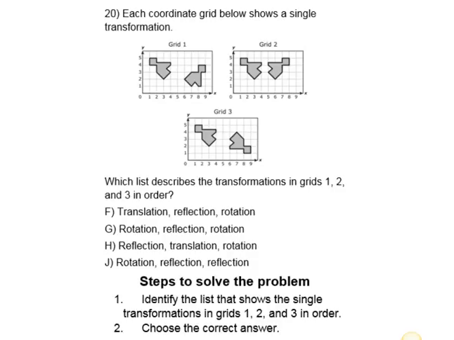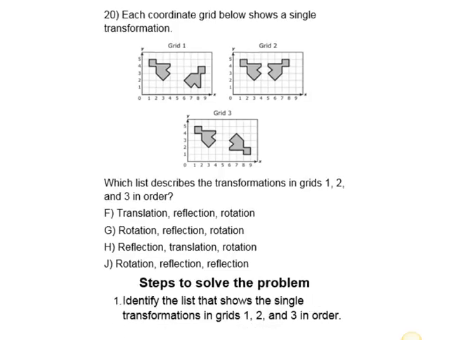Number 1, we need to identify the list that shows the single transformations in grids 1, 2, and 3 in order. And number 2, we need to choose the correct answer. Let's start with step number 1, identifying the list that shows the single transformation in grids 1, 2, and 3 in order.